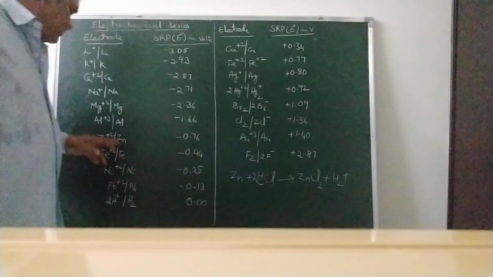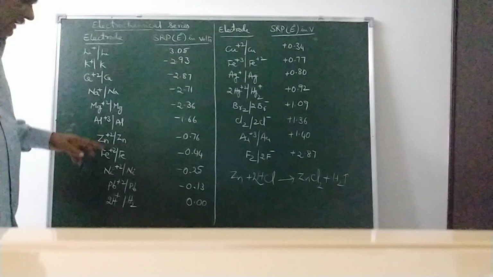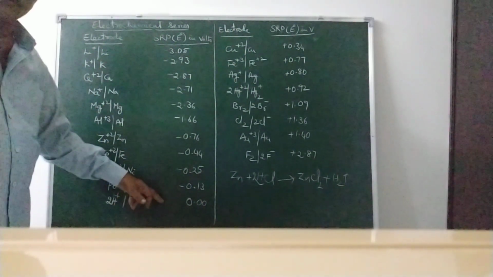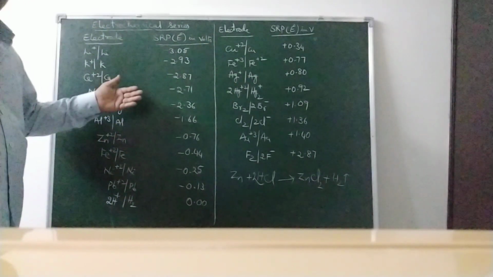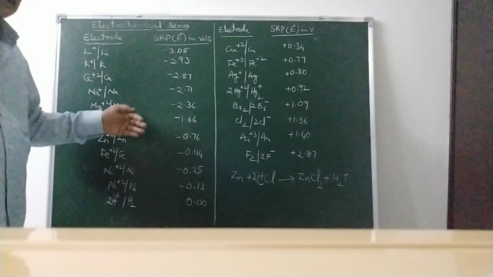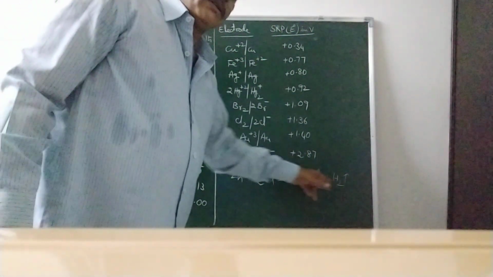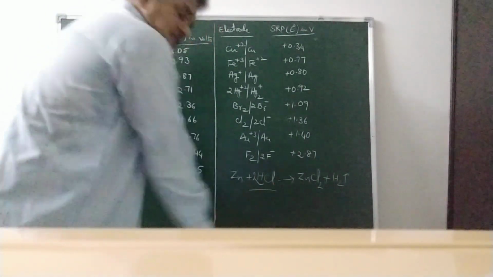So here zinc lies above the hydrogen electrode. So any metal that lies above the hydrogen electrode in the series can liberate hydrogen from acids.